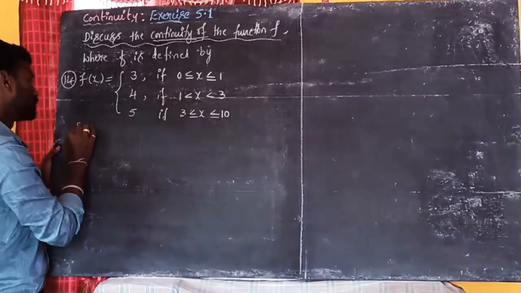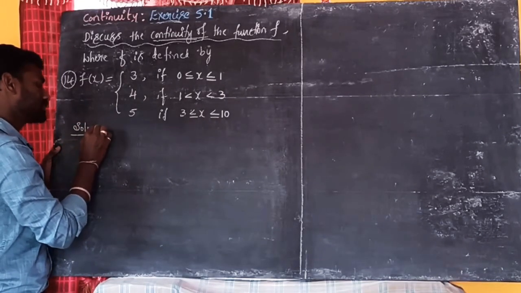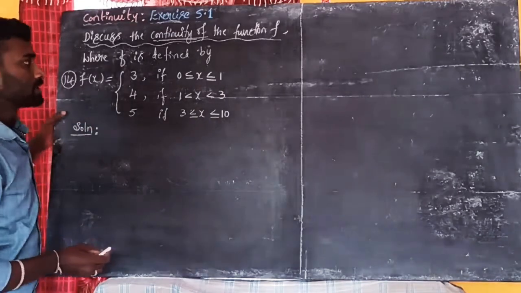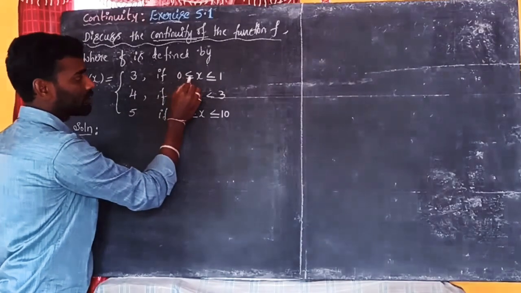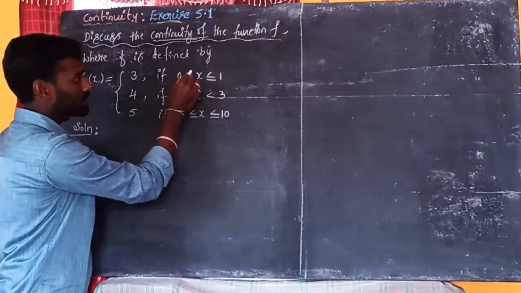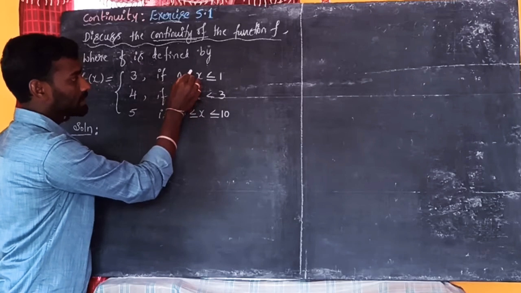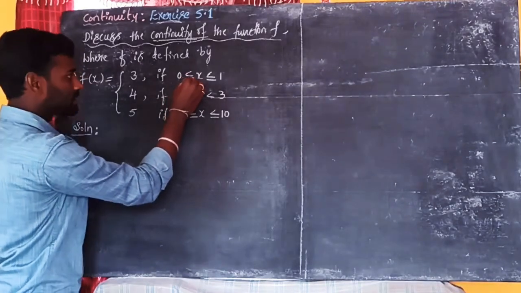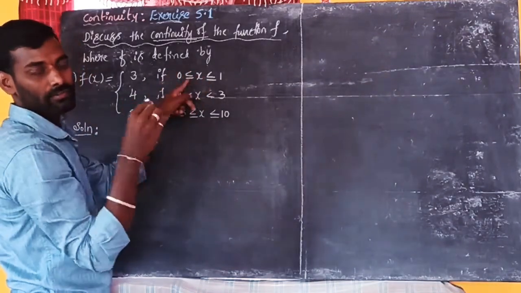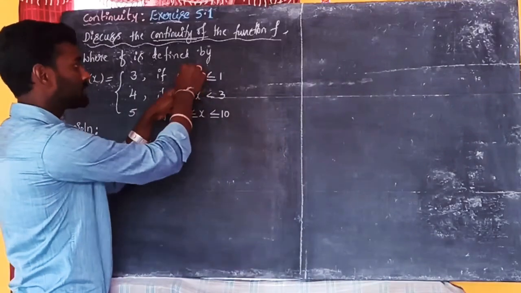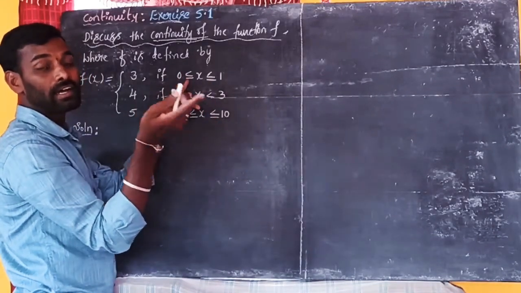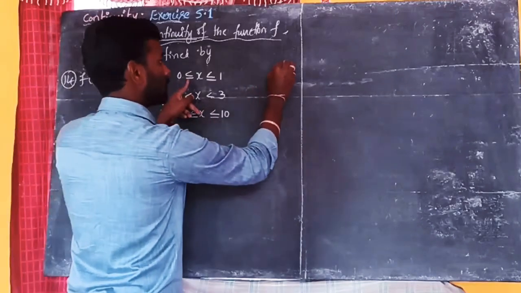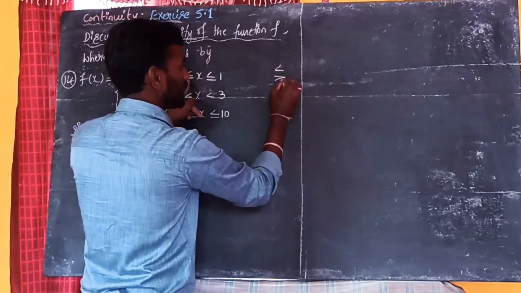Okay, now solution. Observe, guys. Here, the less than or equal to symbol is there. We have to check whether the greater than symbol is there or not. For this 0, greater than or equal to. Here we have less than, greater than and equal to.